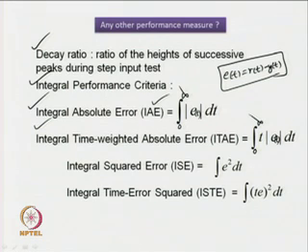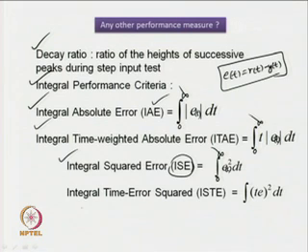Another performance criterion is integral squared error, often abbreviated as ISE and given as integration from 0 to infinity of e square t dt.